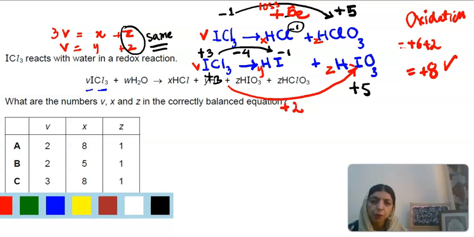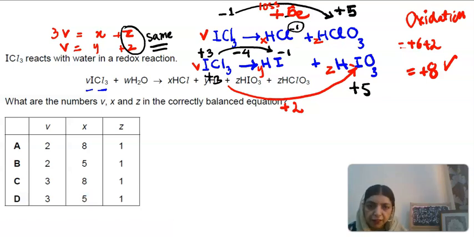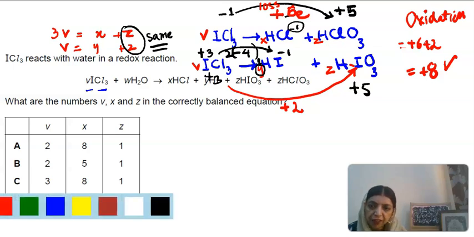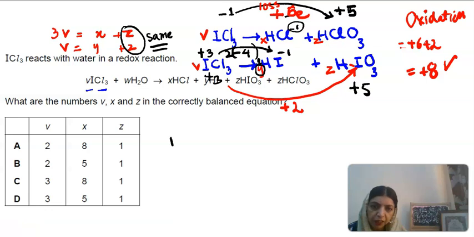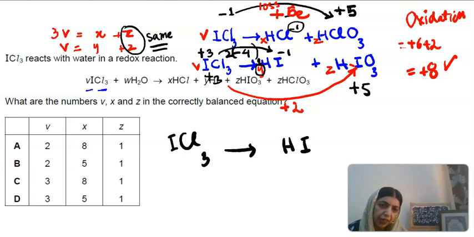So in order to balance this reduction part, we just need to multiply it by 2, and the value of Y will be changed to 2. Your equation of ICl3 becomes ICl3 turning into HI plus HIO3.